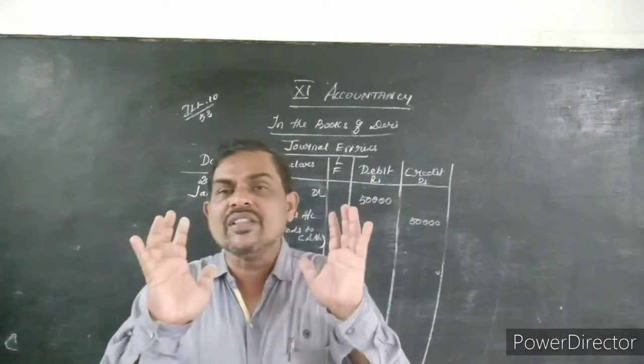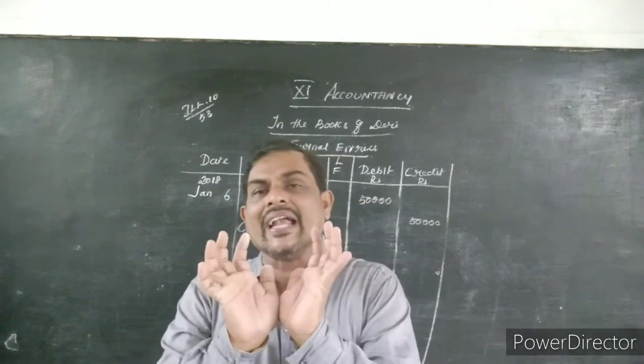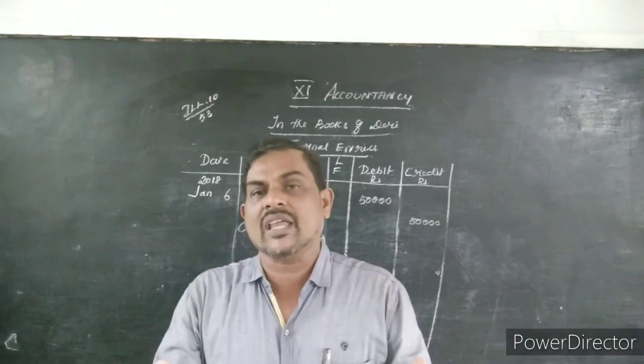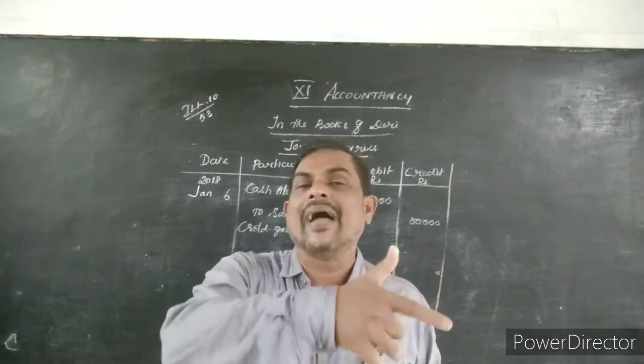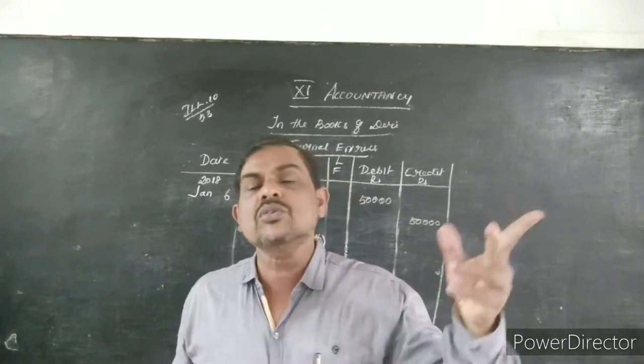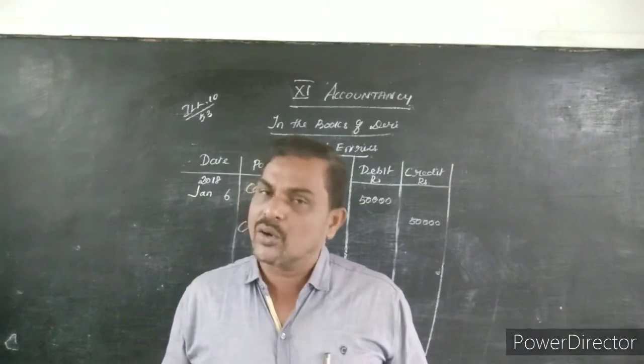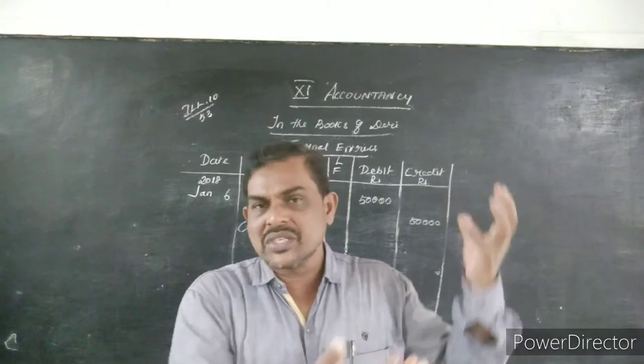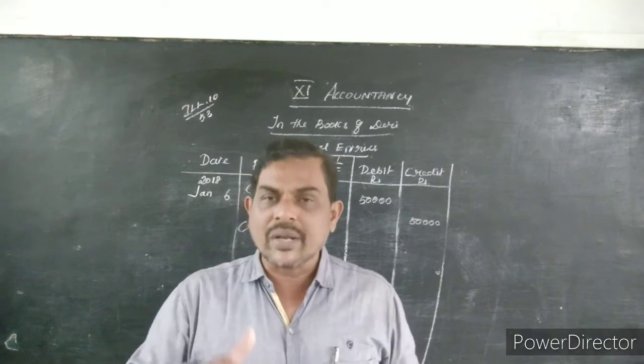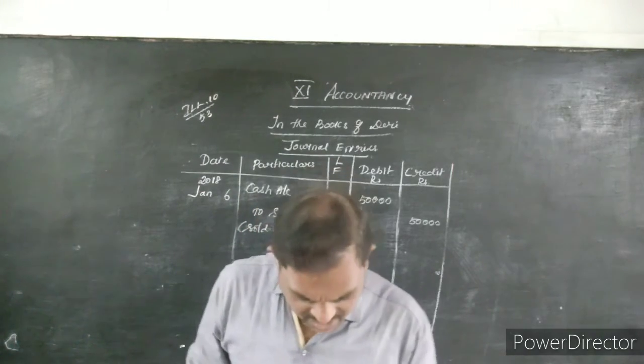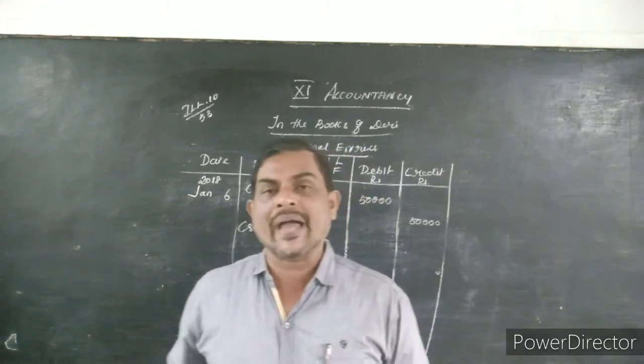When you received the check, it is in your hand, so you treat it as cash only. After depositing into the bank, it converts to bank. That check you received yesterday, today on date 7 you are depositing into the bank.